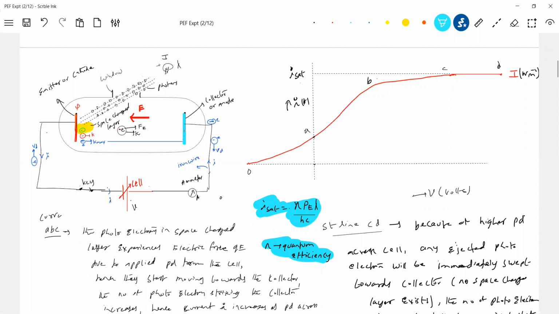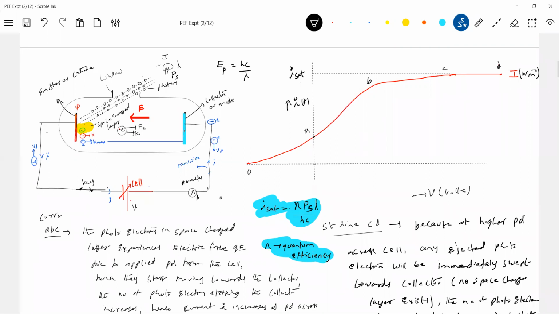It is the power of source divided by the energy of a photon. I'll write the power of source as PS. The energy of a photon is hc by lambda. I discussed this in the previous class. The power of source divided by the energy of a photon gives the number of photons emitted by the source per second.